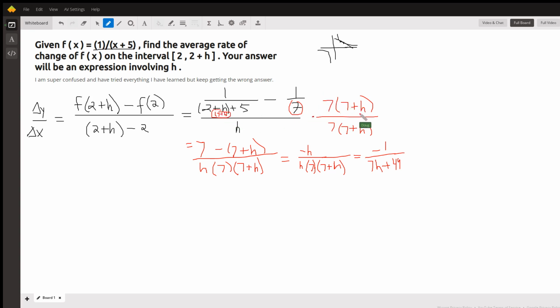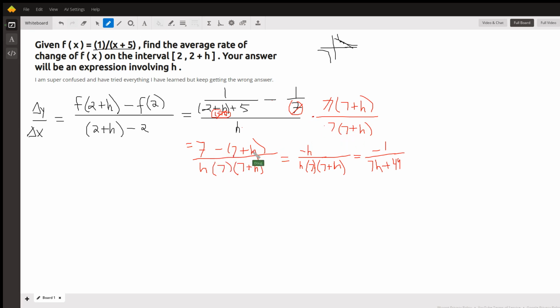When we take this LCD times this first fraction, the 7 plus h's cancel out, and the factor of 7 remains. And 7 times 1 gives me a 7 for the first term. When I take the 7 times 7 plus h times the 1 over 7, the 7's cancel out, and I get minus the factor that remains, 7 plus h. And in the denominator, I'll just get h times 7 times the quantity 7 plus h.